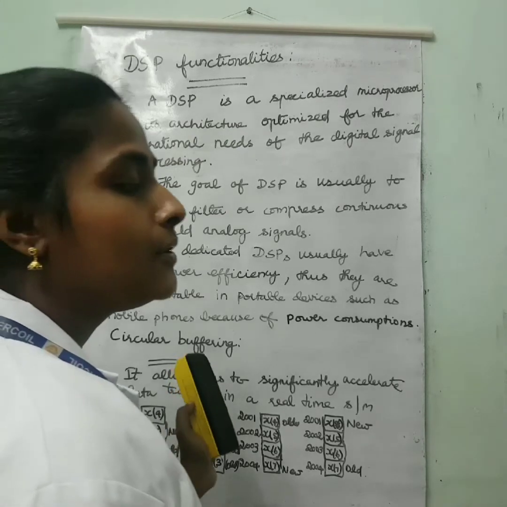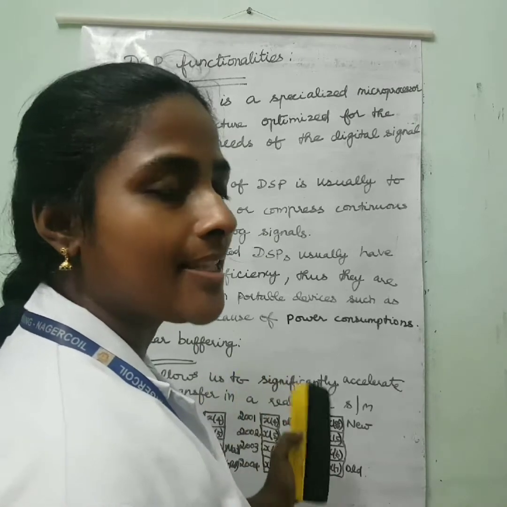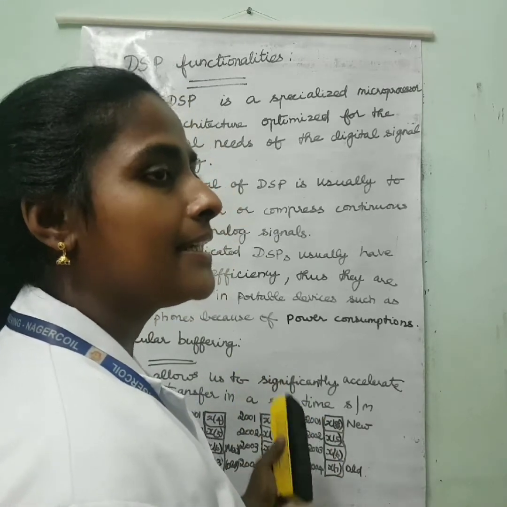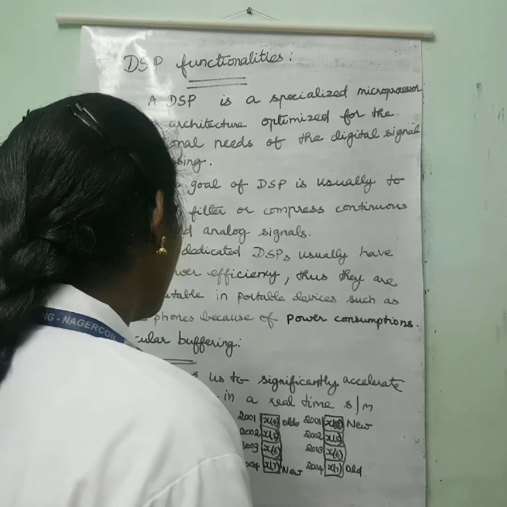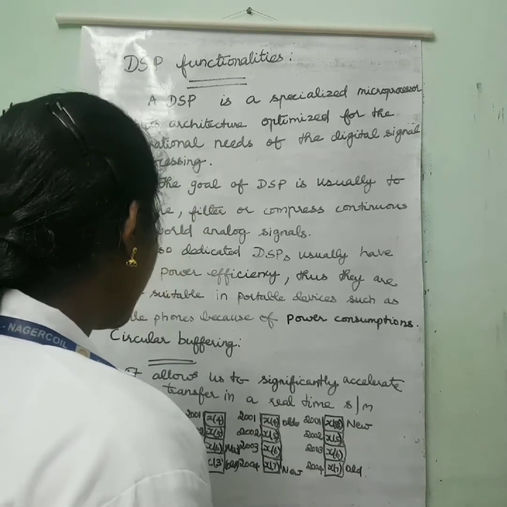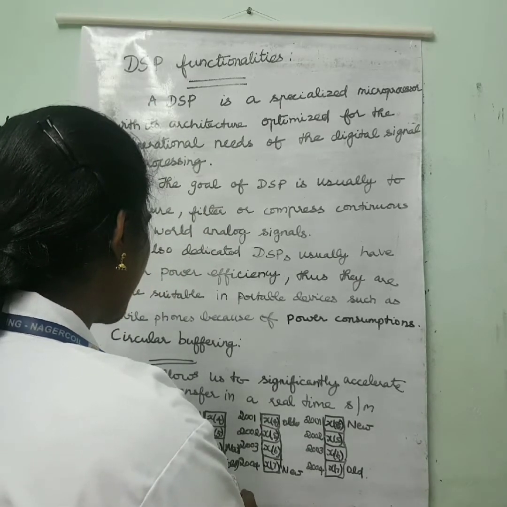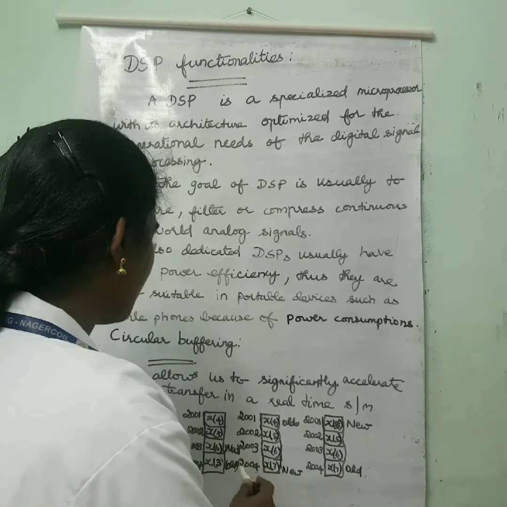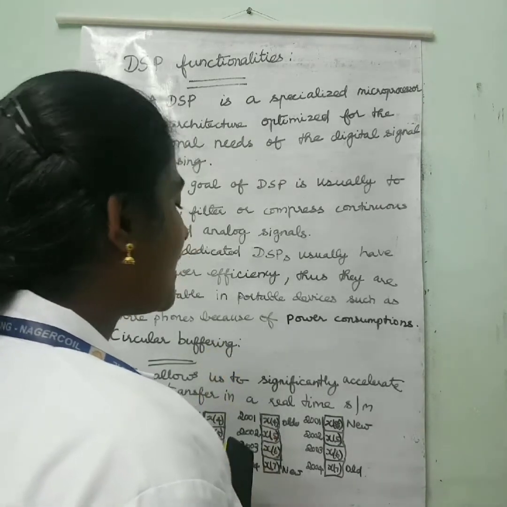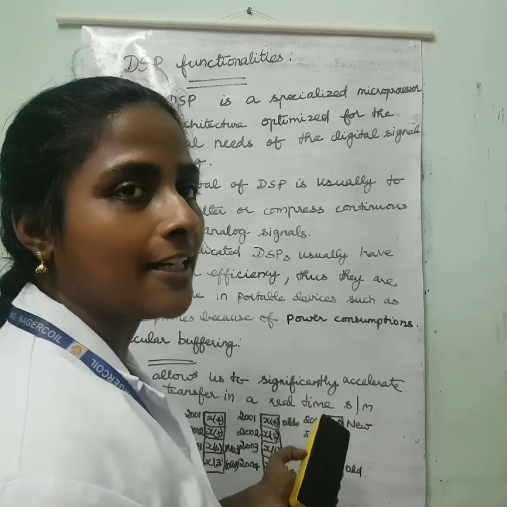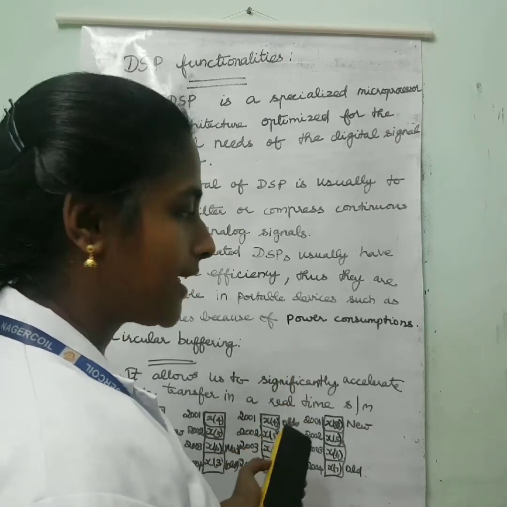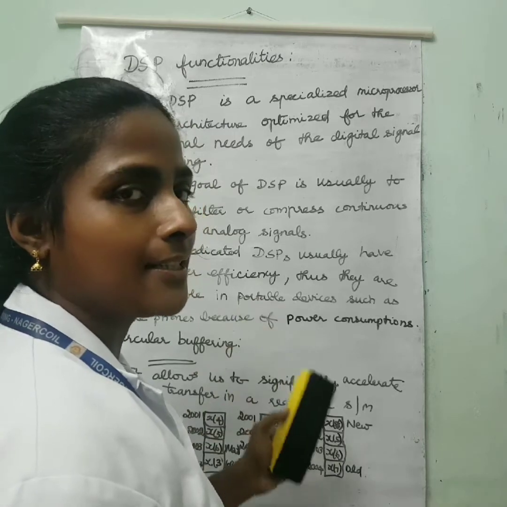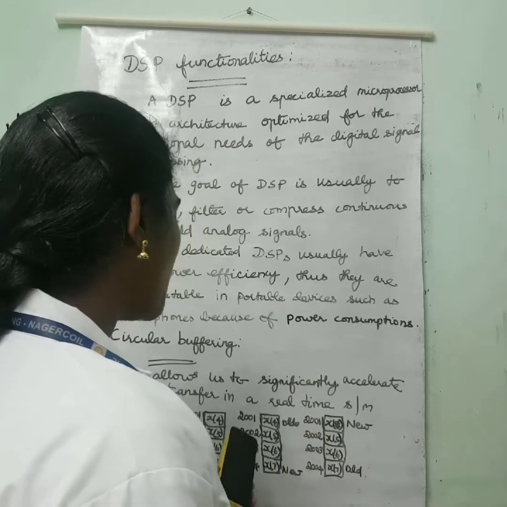That is, the new element replaces the old element in each and every stage. In the next stage, x of 3 is the old element and x of 6 is the new element. The new element also moves forward the memory location by 1.